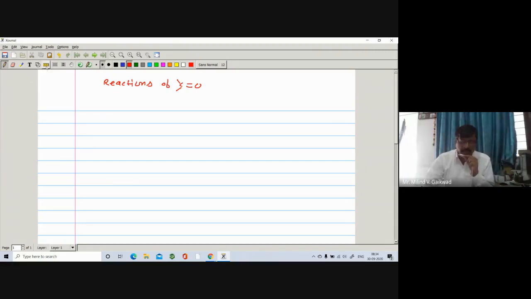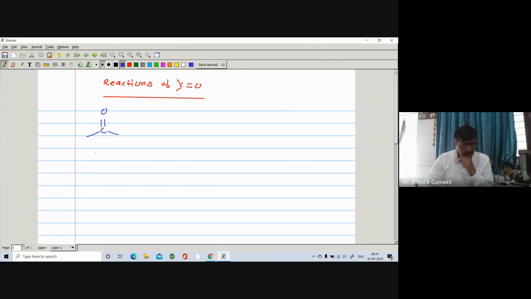Here we'll see the chemistry of the carbon oxygen double bond. First we will see what these carbonyl compounds are. A carbonyl compound contains a C double bond O, so it is called a carbonyl group.